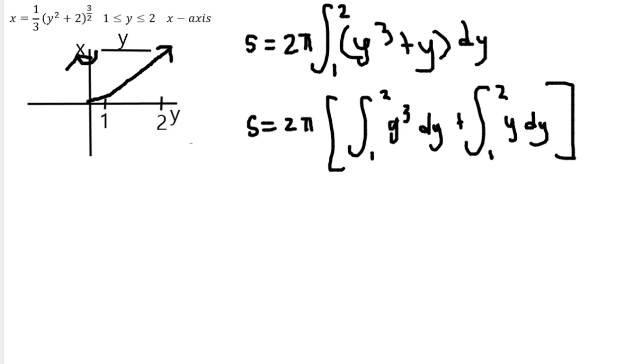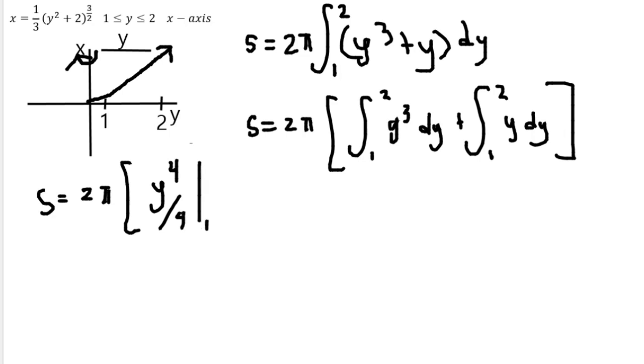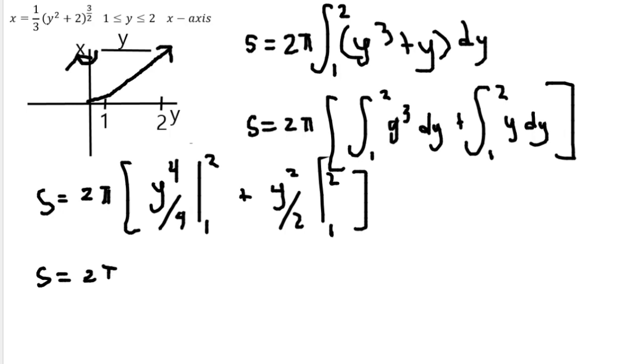So now let's integrate this. The surface area is going to be 2 pi multiplied by y raised to the fourth over 4 if we integrate it, but still we're going to find its value from 1 to 2. And the integral of y is going to be y squared over 2, and we're still going to evaluate it from 1 to 2.